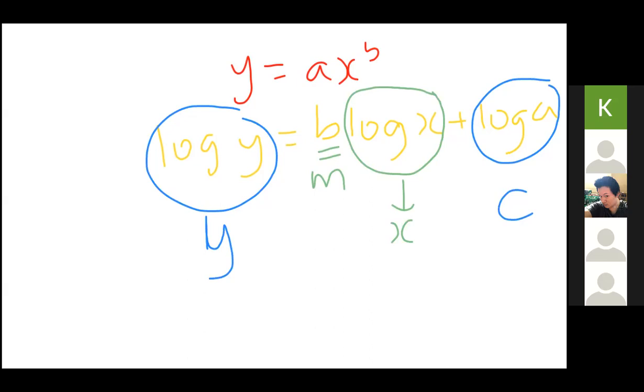So for this one, where x is the base, log of x is x, and b is the gradient. Unlike the other one, where x was, well, x, and m was log of b. You understand that? That's the difference between this one and the other one.